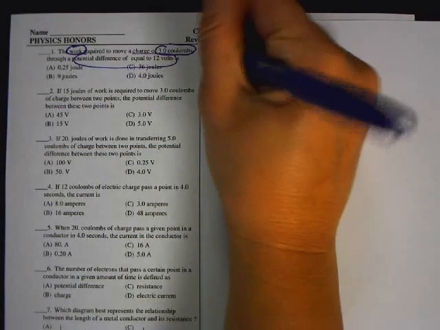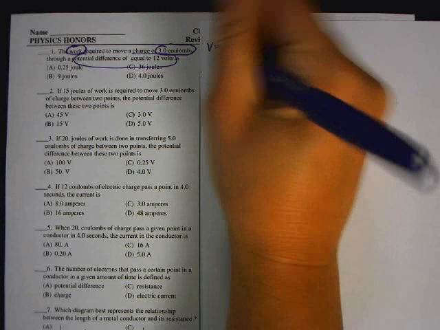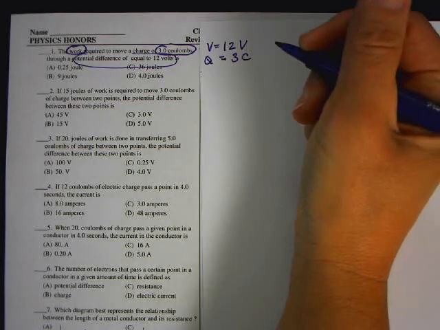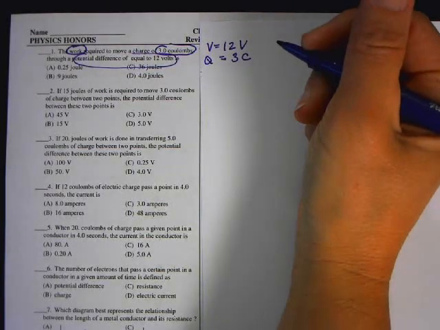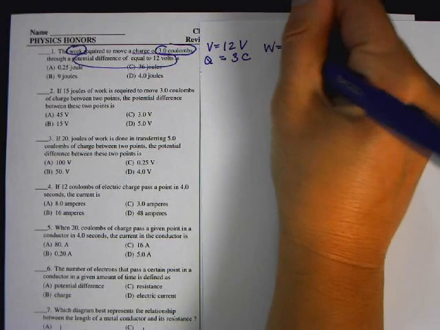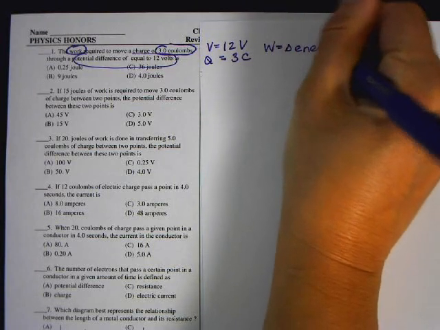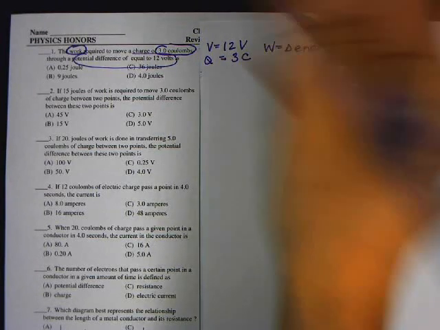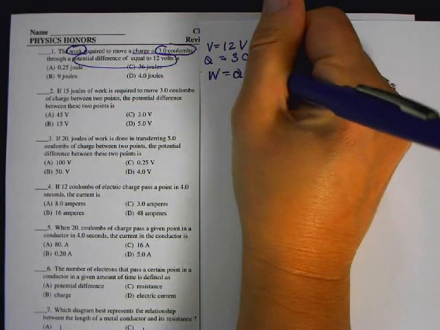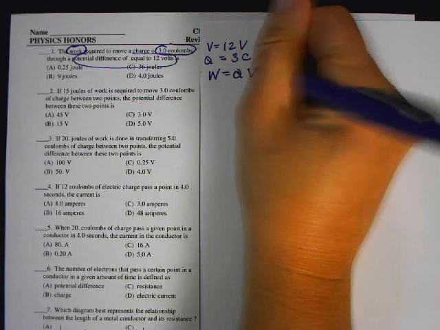So we see that V is equal to 12 volts, Q is equal to 3 coulombs, and we want to find the work. We remember that work is equal to the change in energy. So work is equal to Q times V.